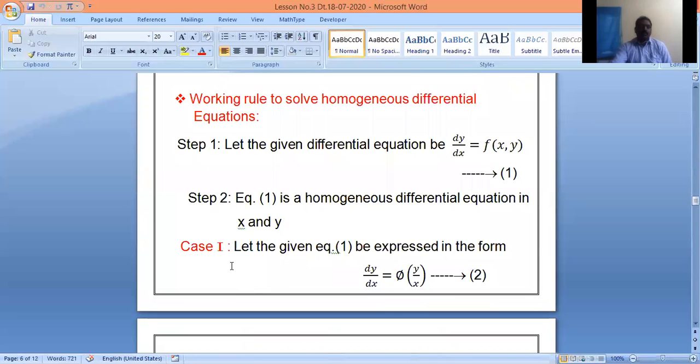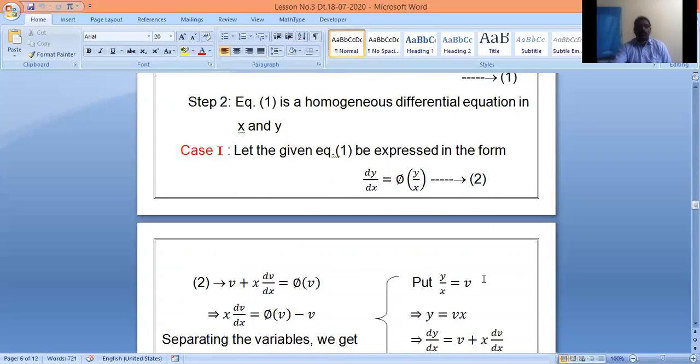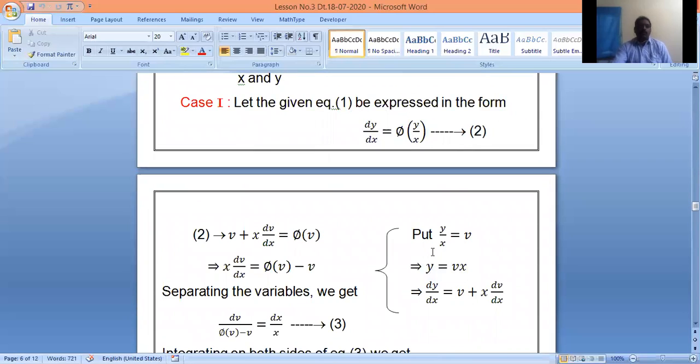Case 1: let the given equation 1 be expressed in the form dy by dx is equal to phi of y by x. Let this equation be 2. Now, we substitute y by x is equal to v. That implies y is equal to vx.